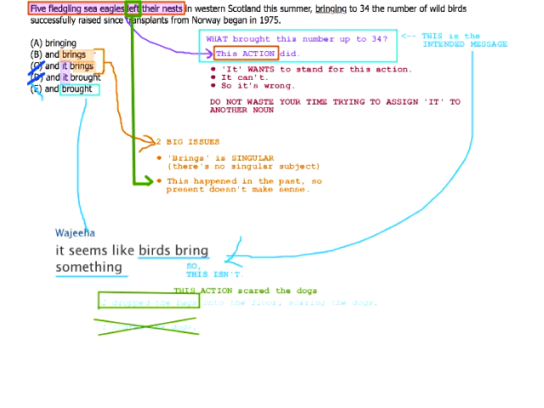So imagine our timeline here again. How many dots are on the timeline here? You have leaving the nest, and you have bringing this number of wild birds up to 34. How many dots on the timeline is that? No, it is one, it's not two. Try to picture a little timeline in your head.